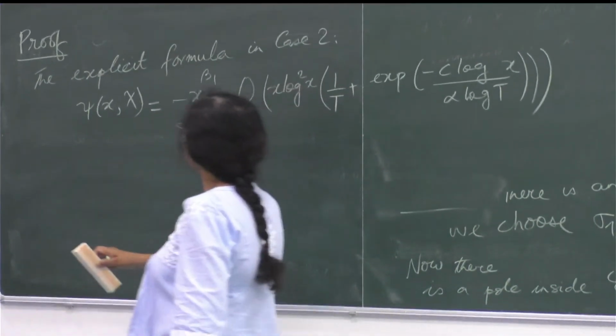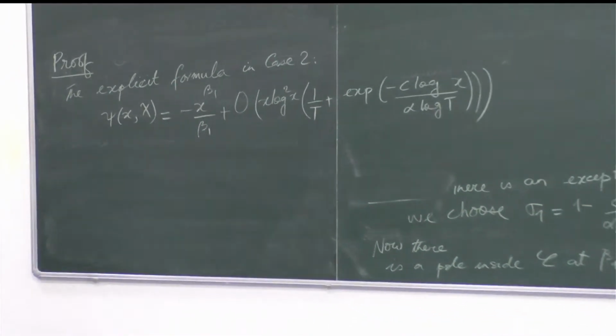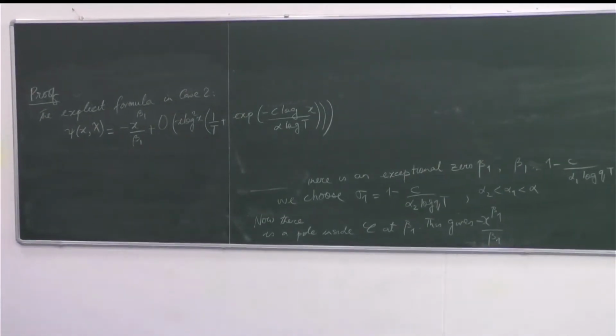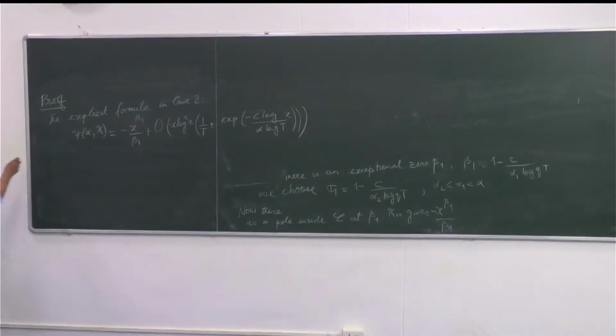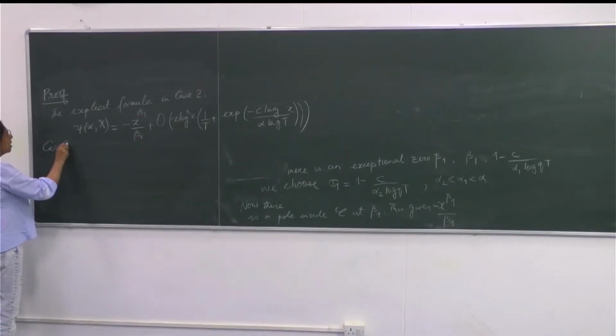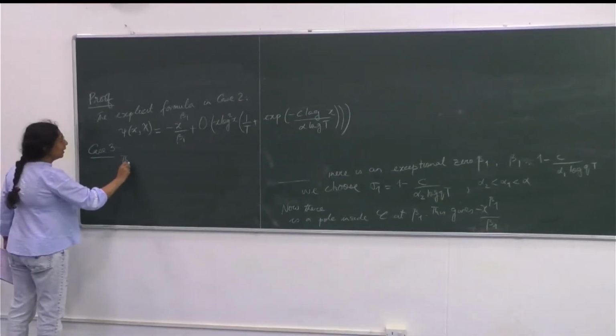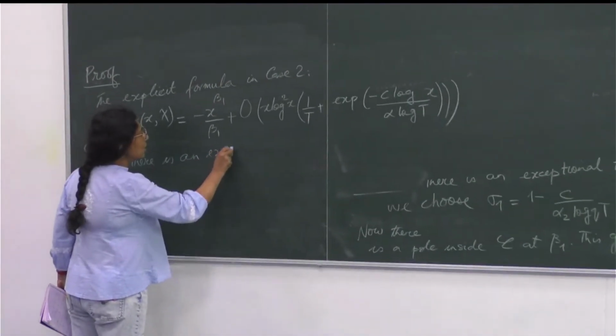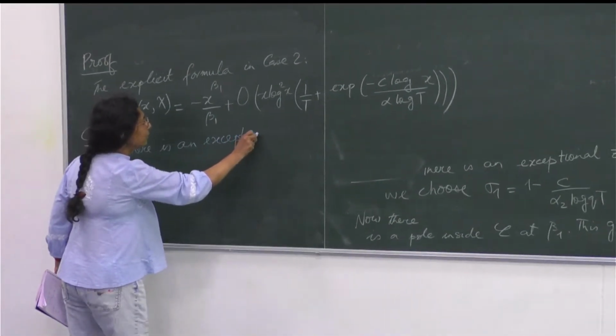So case 3 is that there is still an exceptional 0. There is an exceptional 0, but the distance is the complement.